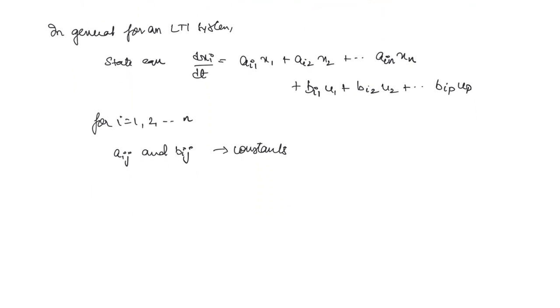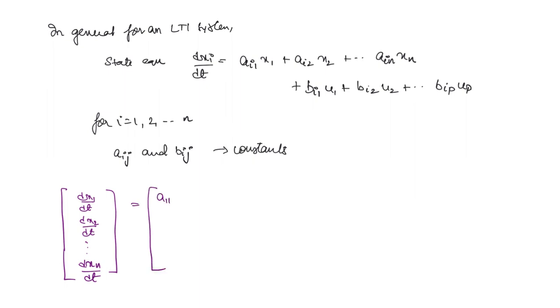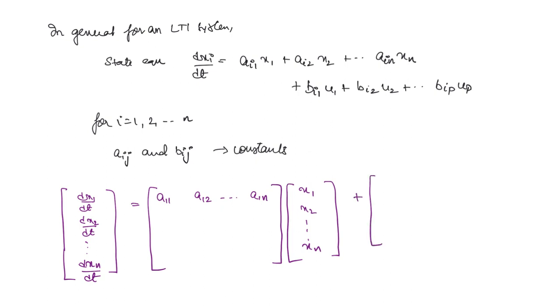Okay. So now all of this we can represent in matrix form as dx1 by dt, dx2 by dt and so on till dxn by dt. So this will be equal to a11, a12 and so on till a1n into the state vector x1, x2 and so on till xn, plus b11, b12 and so on till b1p into the input vector u1, u2 and so on till up.